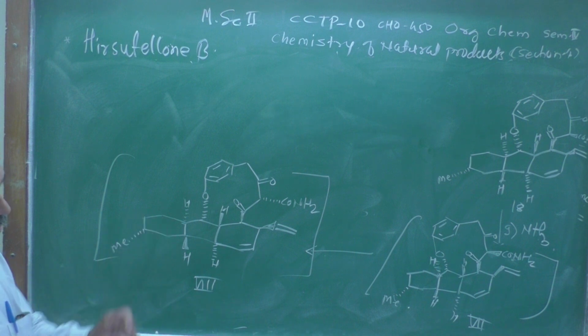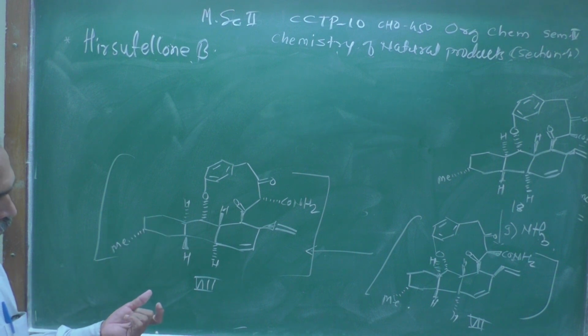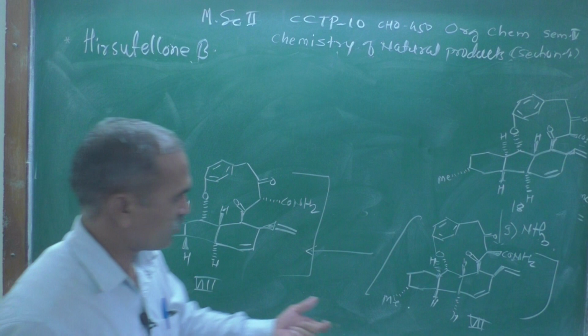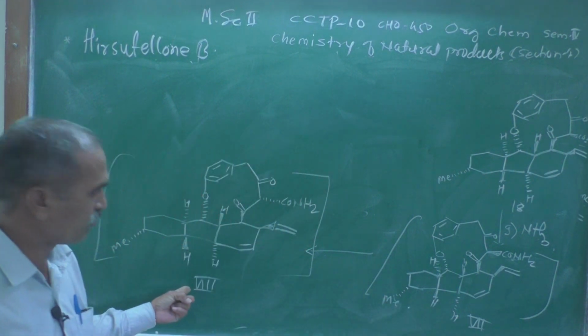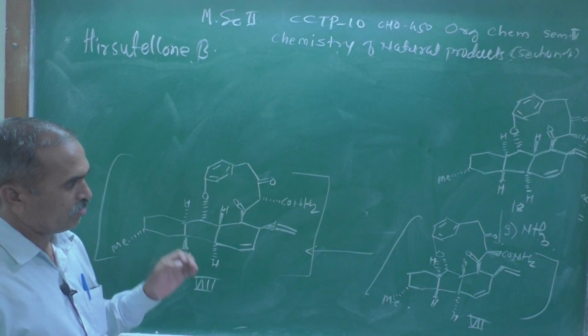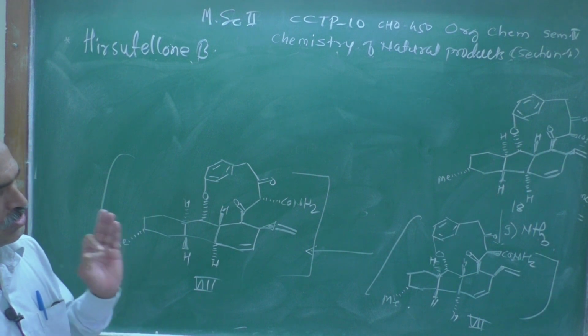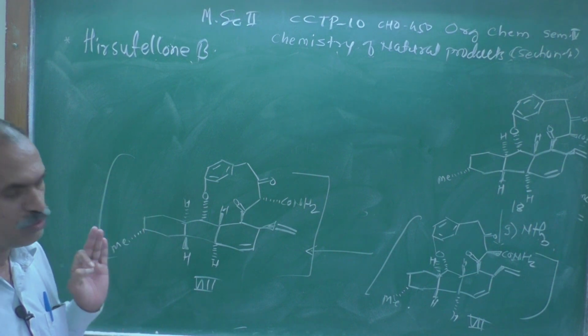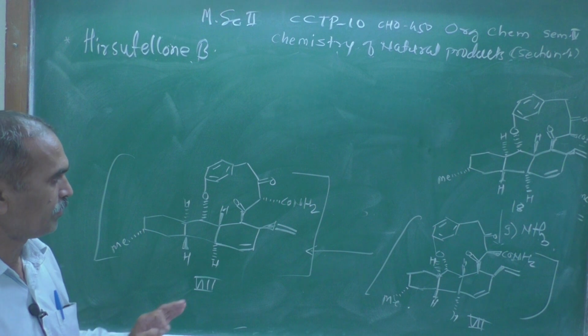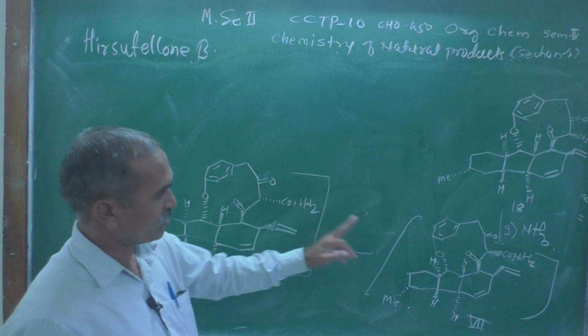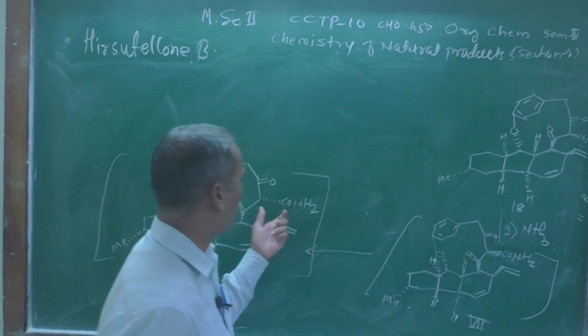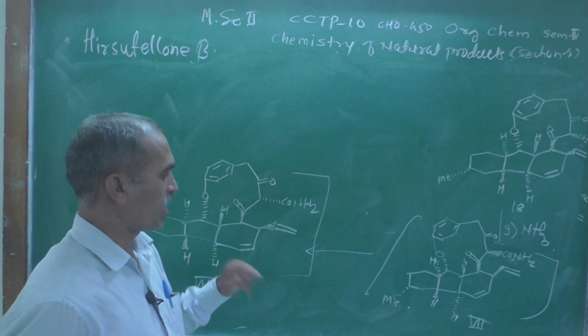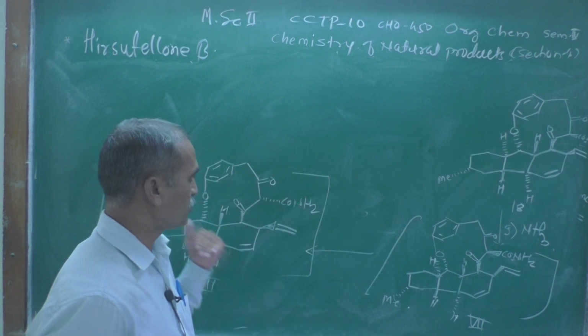What is the major difference between structure number 7 and structure number 8? If you observe these two structures carefully, only the configuration at that chiral center is changed.